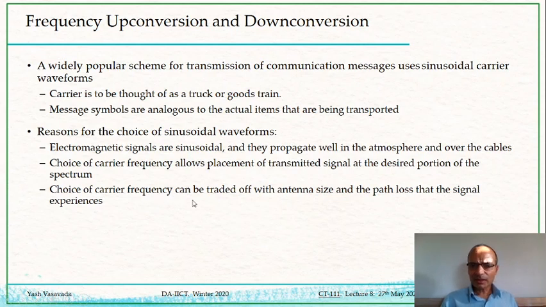And although this may seem like a little bit of a detailed aspect, what I would say is that in the 5G systems and the next generation systems that are currently being designed, one of the proposals is to use a particular carrier frequency which is very large, and there are a whole lot of ramifications in terms of antenna size, path loss, etc. that the researchers, designers and engineers are currently working with.